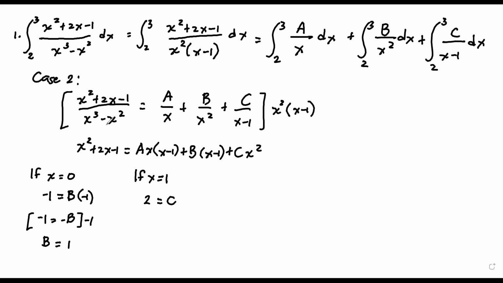Yung denominator natin. Kaya ang nangyayari lagi sa left side, itong numerator ang natitira. Tapos dito, when we expand this one. Sinusulat lang natin ang factors para mas madali nating makuha yung natitira.